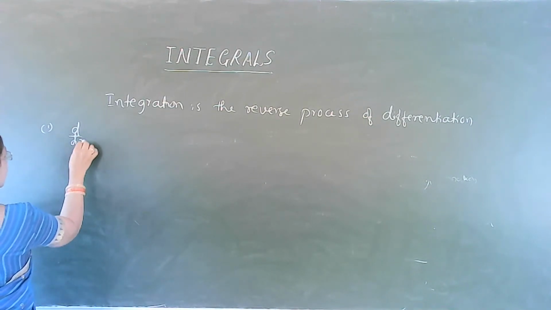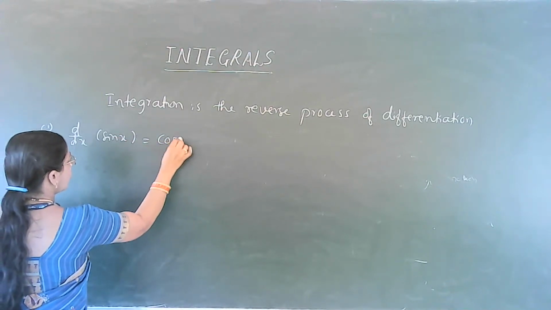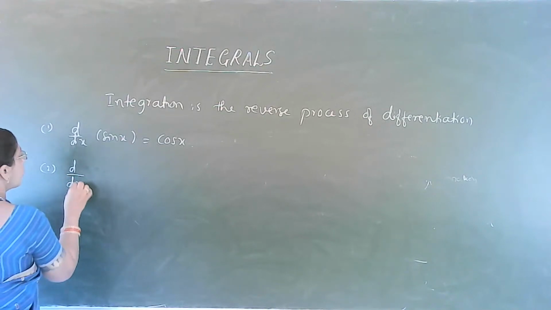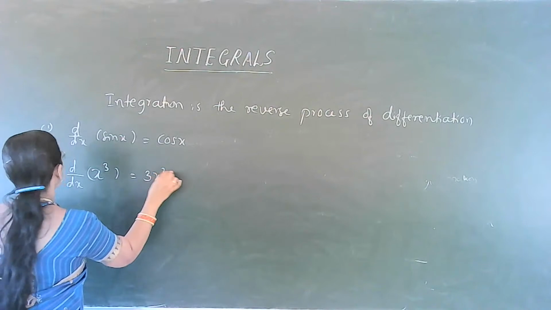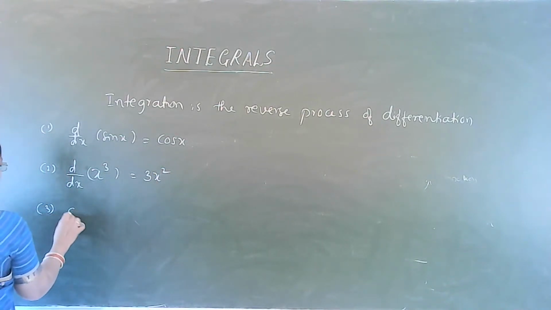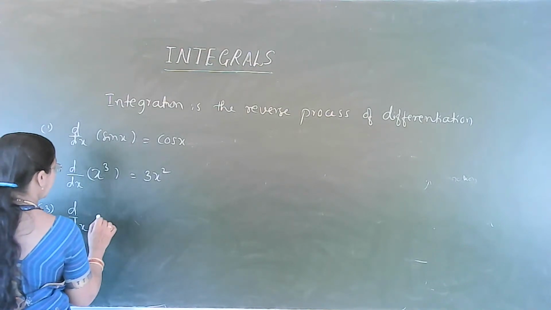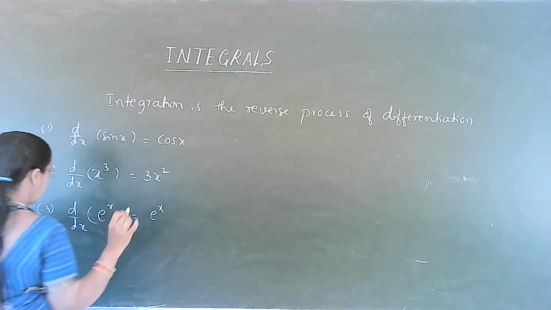d by dx of sin x is equal to cos x. Second one, d by dx of x cube is equal to 3x square. Third one, d by dx of e to the power x is equal to e to the power x.